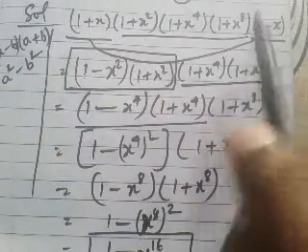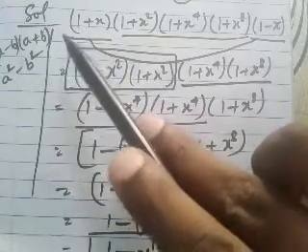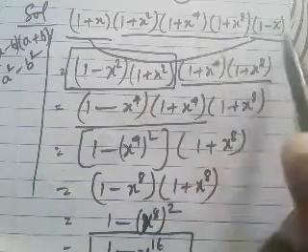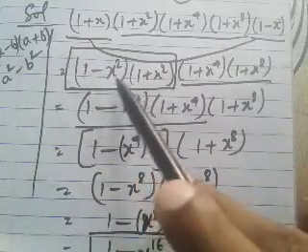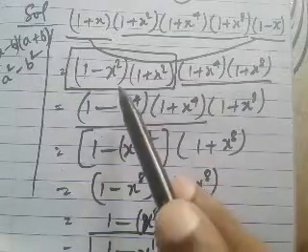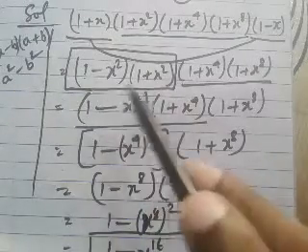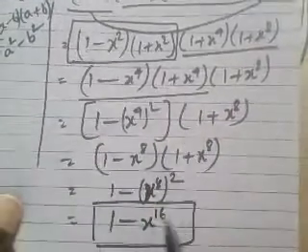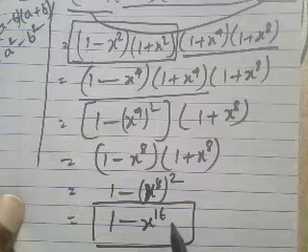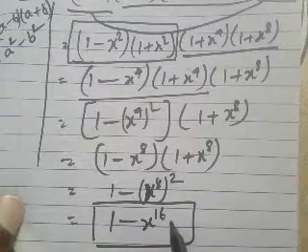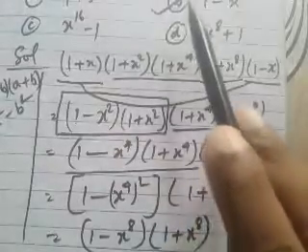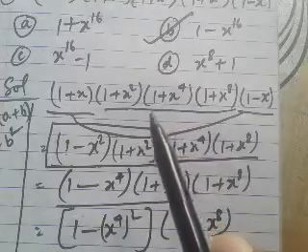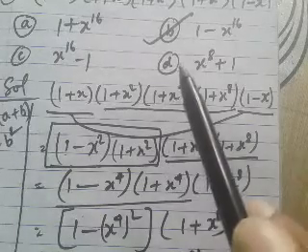Here we can easily use the identity a plus b and a minus b, and by using this identity we can write the a square minus b square form, and again step by step this identity can be utilized, and finally we get the answer 1 minus x to the power 16, and this is in option B. So option B will be the correct answer for this problem.